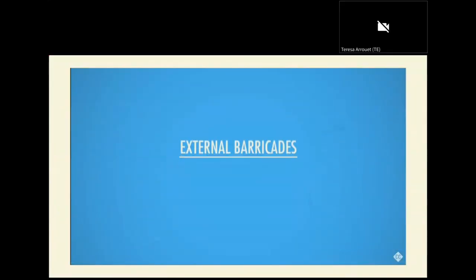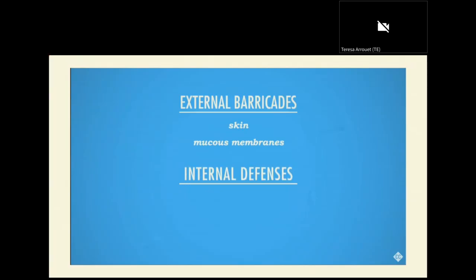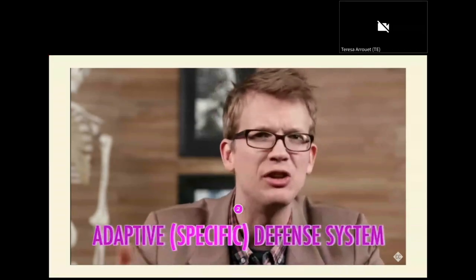Like your average frontline soldier, it's prepared to immediately engage with anyone suspicious, and it mostly includes stuff we were born with, like the external barricades of your skin and mucous membranes, and internal defenses like phagocytes, antimicrobial proteins, and other attack cells. But some enemies must be fought with special forces, and here your body can deploy your adaptive or specific defense system, which is more like your SEAL Team 6.